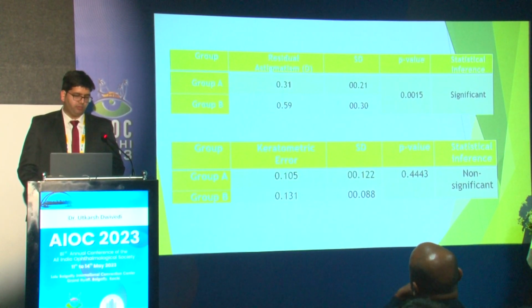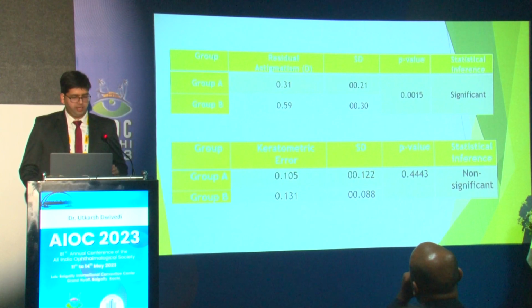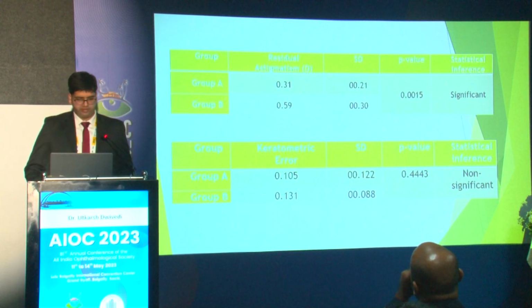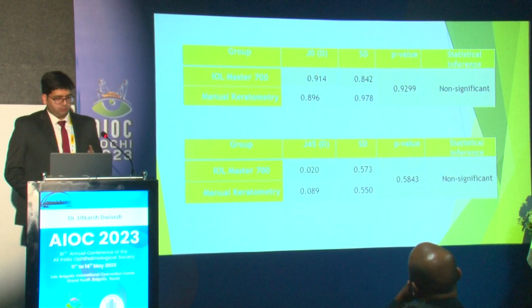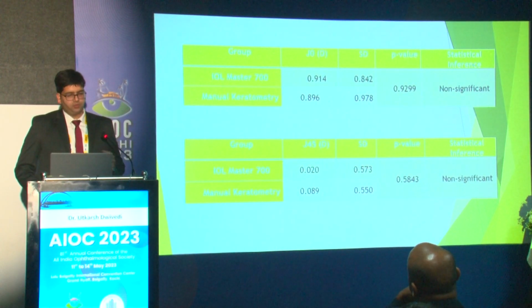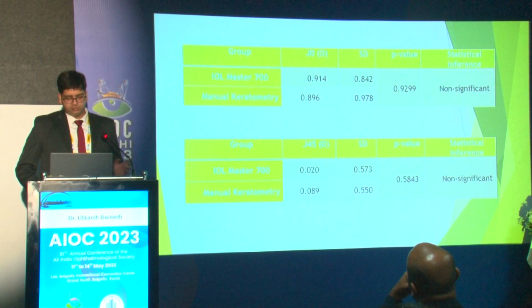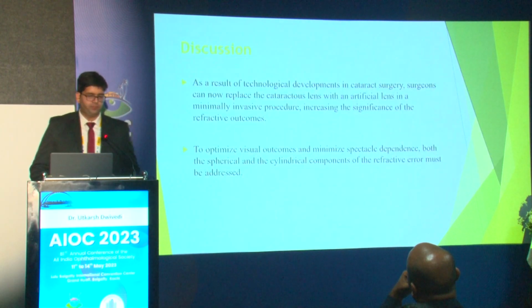In terms of keratometric error, in group A it was 0.105 and in group B it was 0.131, which was non-significant. On comparing the vector components J0 and J45 of all 40 patients by IOL Master and manual keratometry, the differences between them were non-significant.